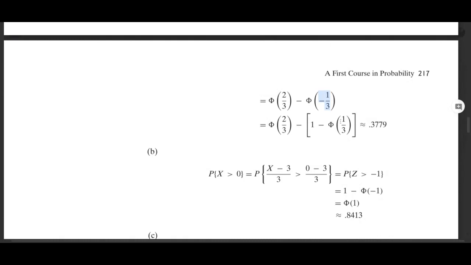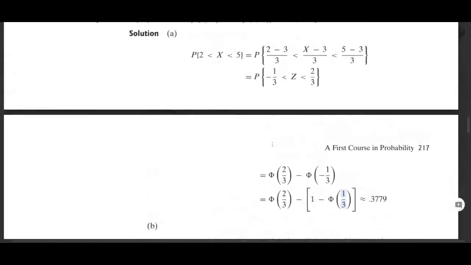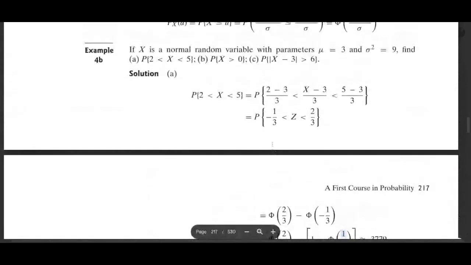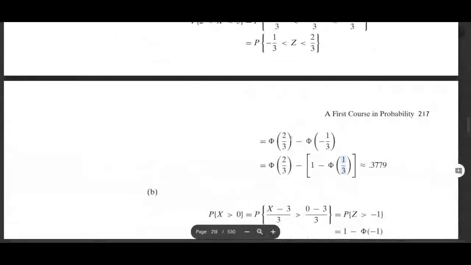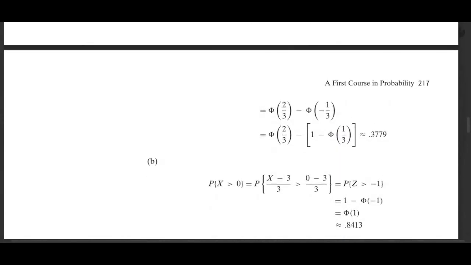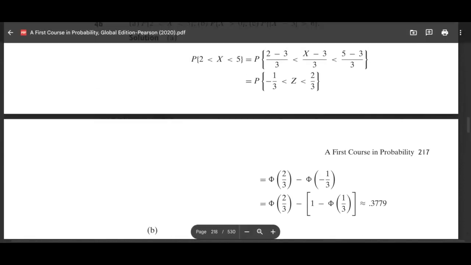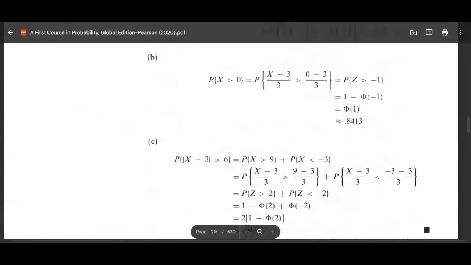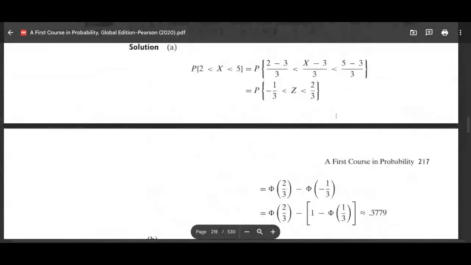That's 1 minus the probability of 1/3. I guess this, okay, they use this sign. So it's about 37, 38%. That's for X in between 2 and 5, the z-score in between negative 1/3 and 2/3.